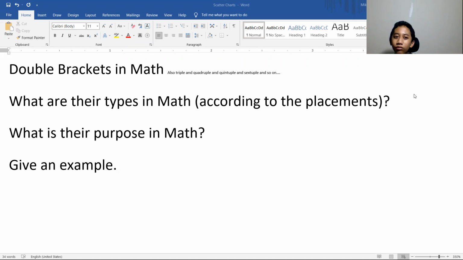So, what are their types in math according to the placements? Now, in English, that's going to be called a different thing, because the word for brackets depends on where you're from. Which English do you use?